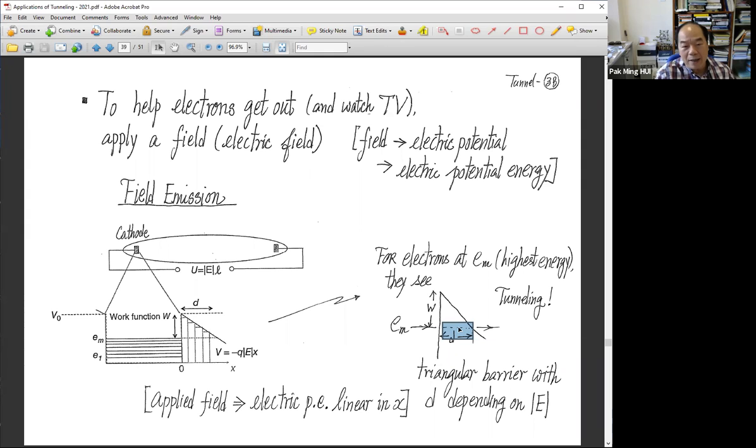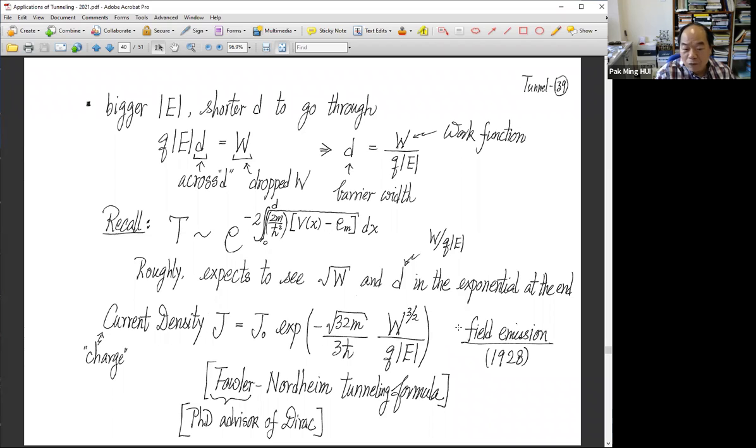If we apply this tunneling idea, we will see that there's a prediction about how the field comes into the current density. This is the charge current density, okay? Electrons, times the minus e in front.